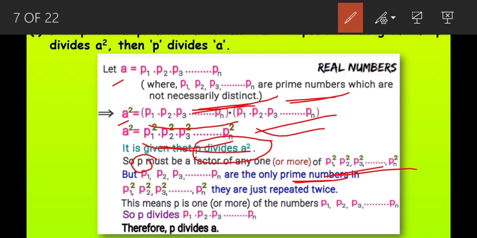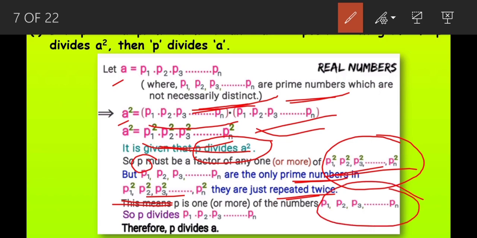In P1 square, P2 square, they are just repeated twice. So we have said that P is a factor of P1 square, P2 square, P3 square, but these are just repeated. So P will be a factor of P1, P2, P3, Pn.